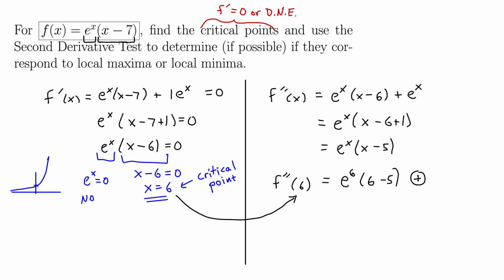Positive means it's concave up. So what does that mean? Again, I recommend just running through a picture. If it's concave up, that means this point must be a minimum. That's what the second derivative test tells us. So we conclude that there is a local minimum at x equals 6.